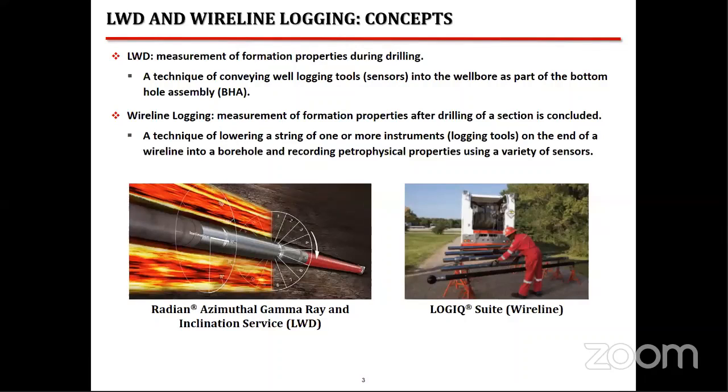The figure here is an example of a wireline tool provided by Halliburton. The logging suite provides us the standard range of logs from caliper, gamma ray, resistivity to porosity, that is neutron and density. LWD and wireline tools and services are also provided by other service providers in the oil and gas industry.